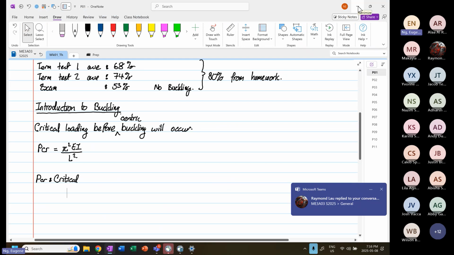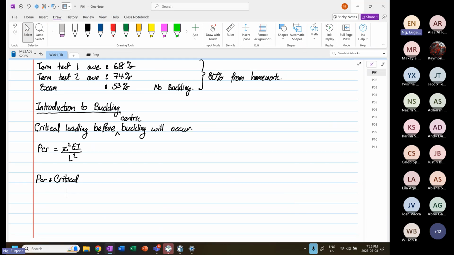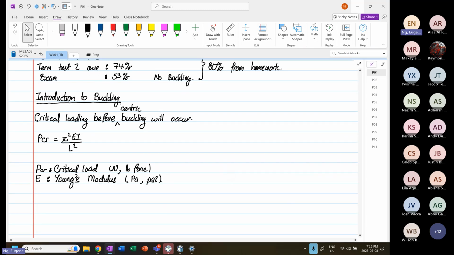Right. So PCR is our critical load, and this can be in Newton or it can be pound force. Then E, like before, is our Young's modulus, and this can be in Pascal or pounds per square inch.